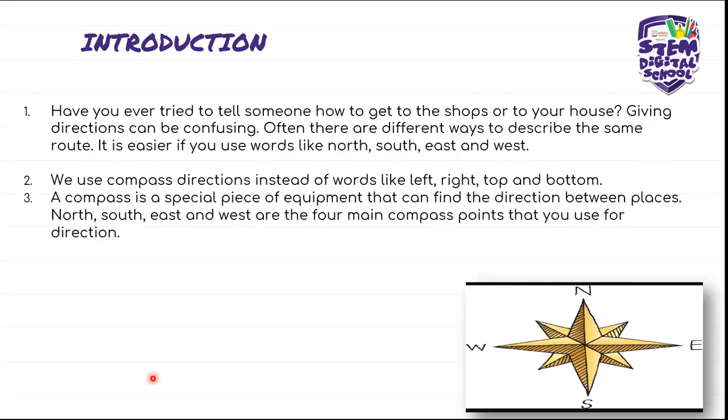And then it is a special piece of equipment that can find the direction between places, okay? Such as north, south, east, and west. These are the 4 compass points that you can use for direction. They are 4. 1, 2, 3, 4.